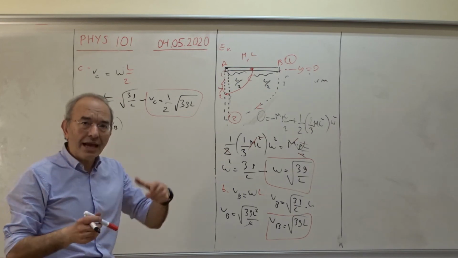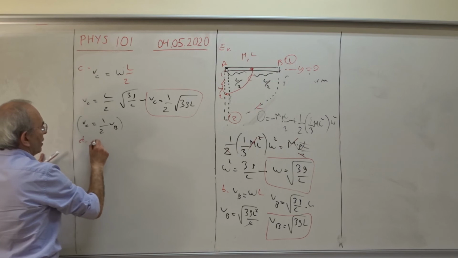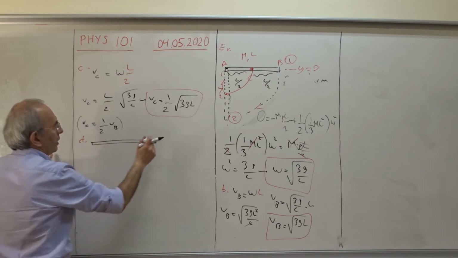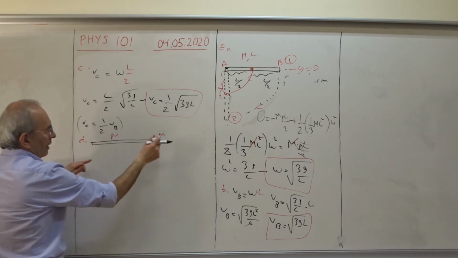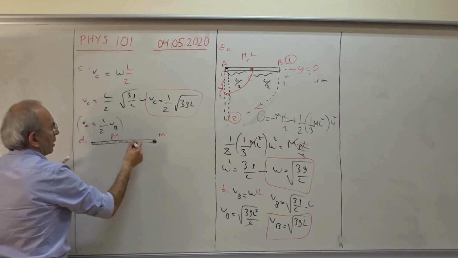In part D, we added one more object. So this was the case. Now, let's say, object point mass m. Capital M is the rod.